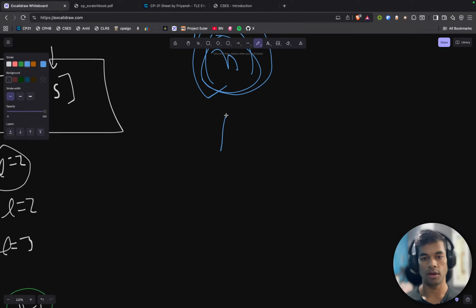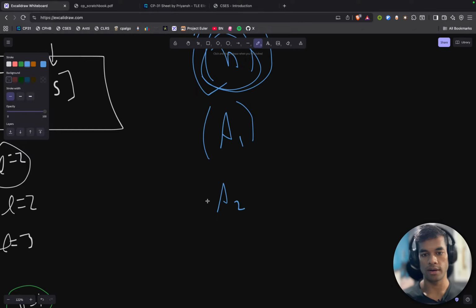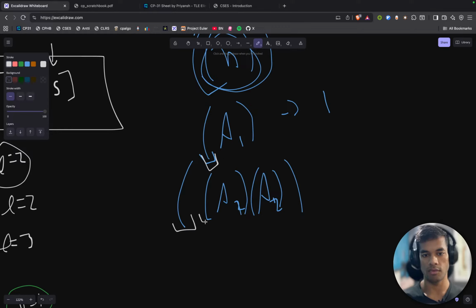Let's say when we have a singular matrix, we have one opening and one closing parenthesis. When we have two matrices, A1 and A2, we have one opening, one closing for each, and then one for both of these. So let's just count the number of opening parentheses. Here we had one, and here we have one, two, and three. Three in total.